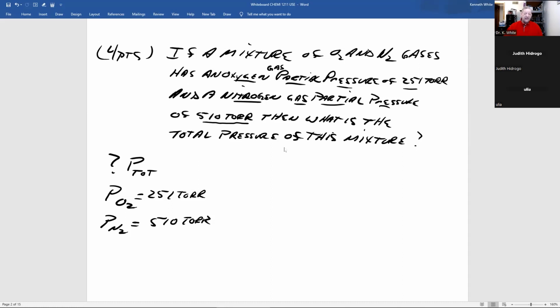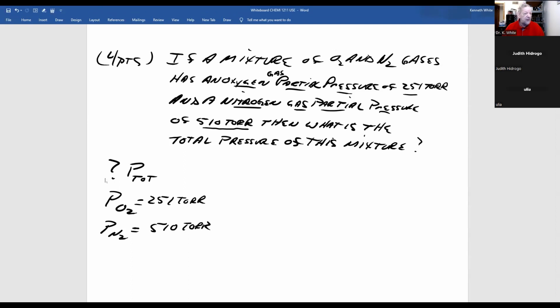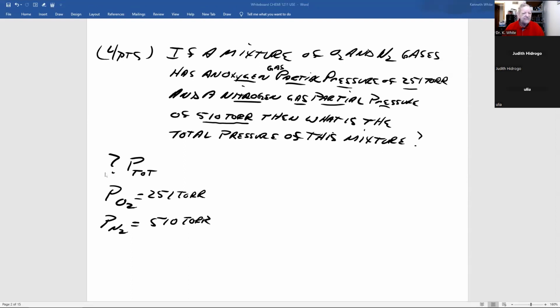And now the question is, how do you solve this? Well, as soon as you see the words partial pressure anywhere, you should think of Dalton's law of partial pressures, which reminds me, I better open up something else.